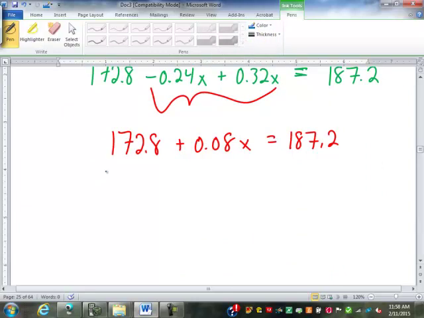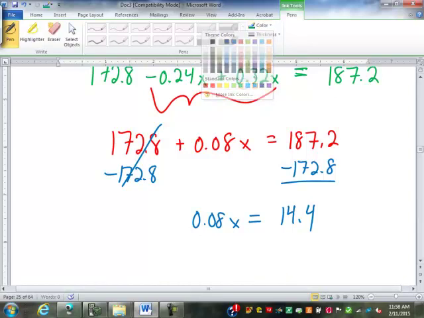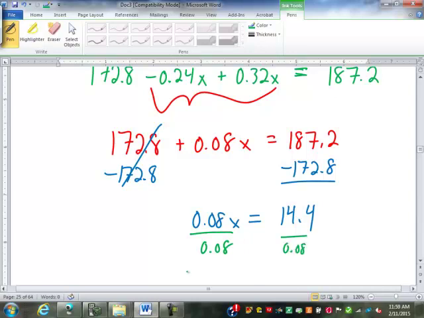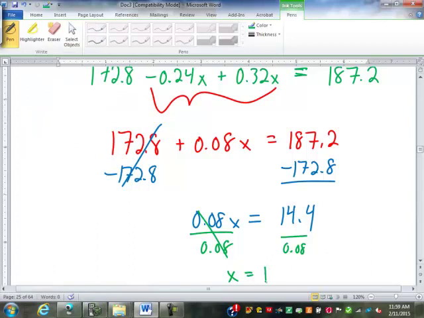And now we can subtract 172.8. 0.08x equals 14.4, I believe. And then we divide by 0.08. So x equals 14.4 divided by 0.08. It's 180.